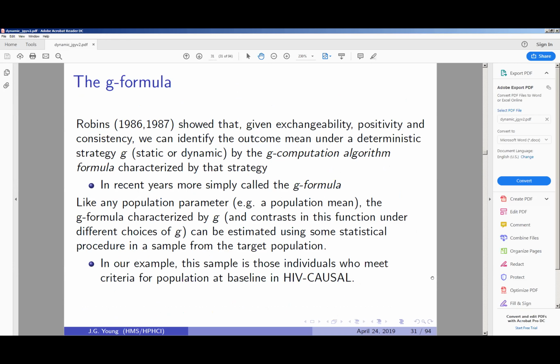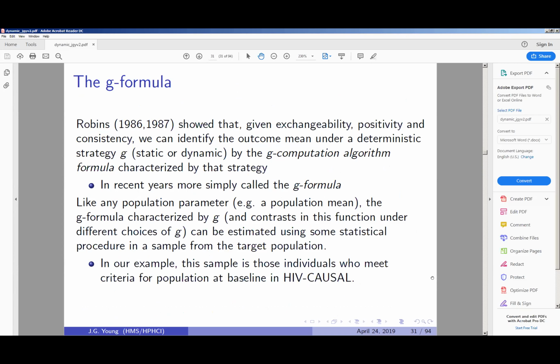In case you're interested in looking at those. Okay, so now we've outlined our three core assumptions that apply to any strategy, deterministic or static or dynamic: exchangeability, consistency, and positivity.